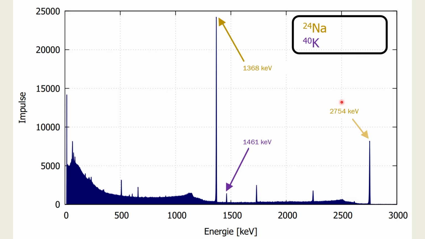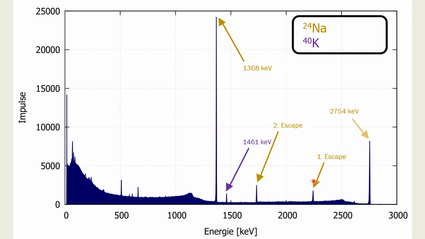In addition to that, these peaks are very high in energy, and if a photo peak has an energy above 1022 kiloelectron volt, we can see some additional features in the gamma spectrum. For example, the first and second escape peak. The first escape peak is at the energy of the full energy peak minus 511 kiloelectron volts.